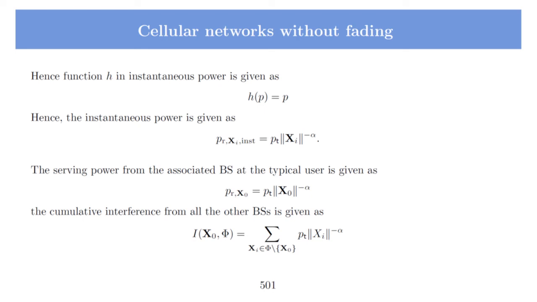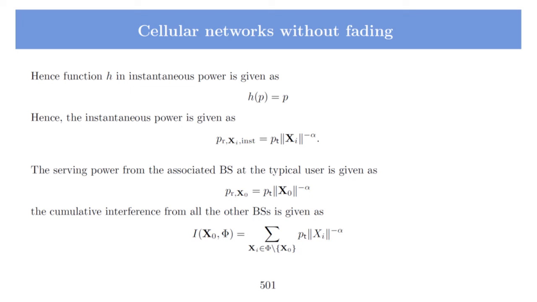So again HP will also be equal to P. Remember, this HP function is a function of the power level which gives the relation between the power level and the instantaneous power level. Because both are the same, HP is just equal to P.